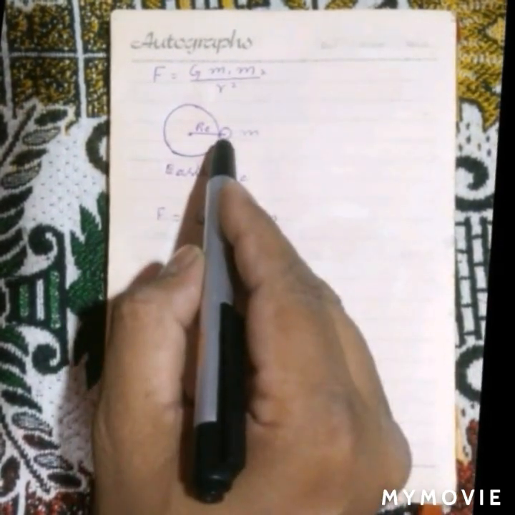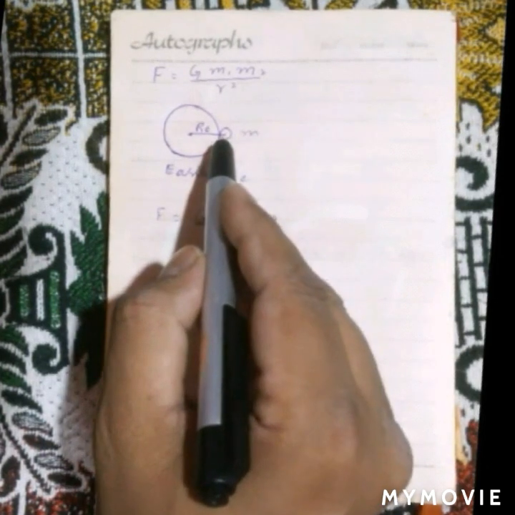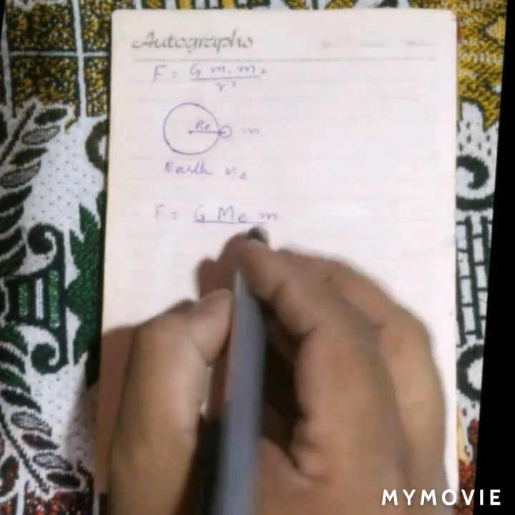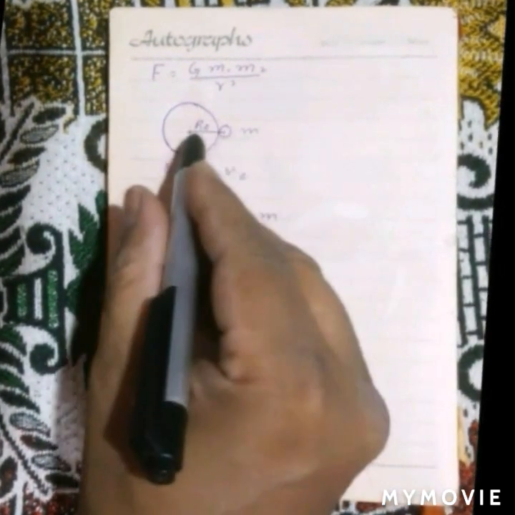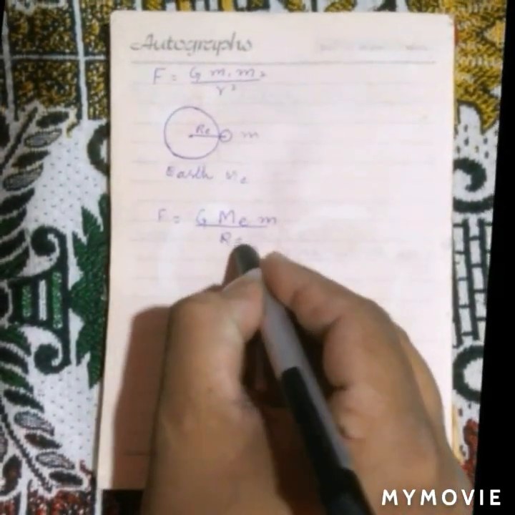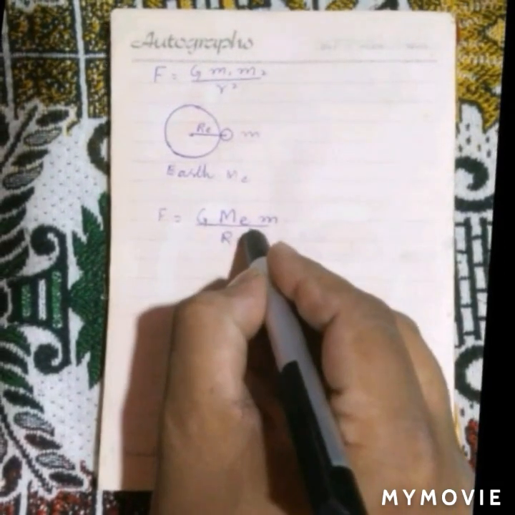We are neglecting the radius of this ball because it is negligible, as we discussed earlier. So the radius of the earth will be the distance between their centers, and we know that it must be squared, so we will square it.